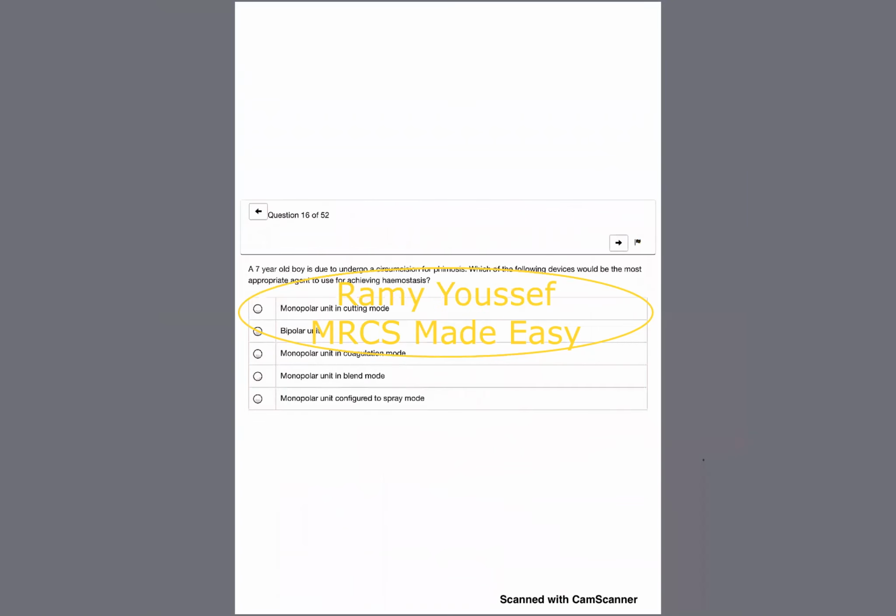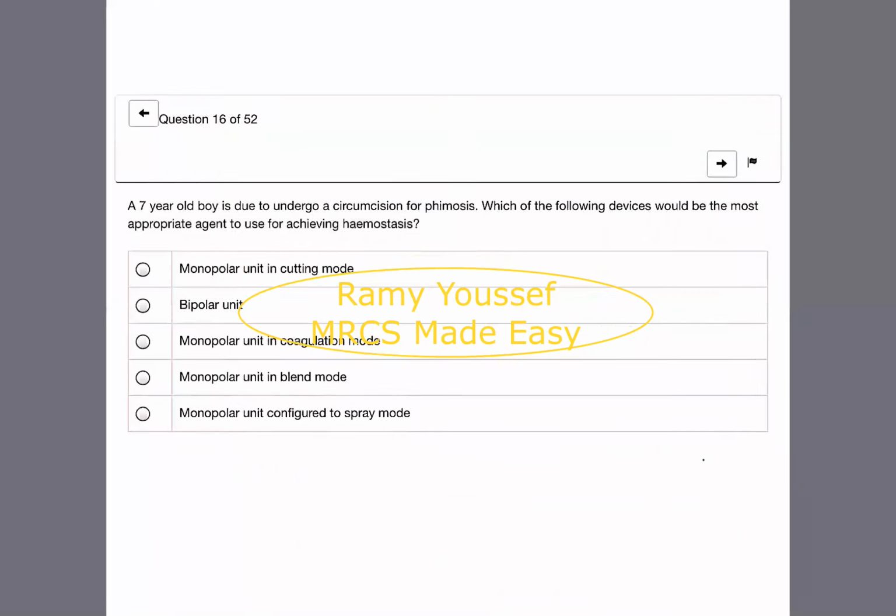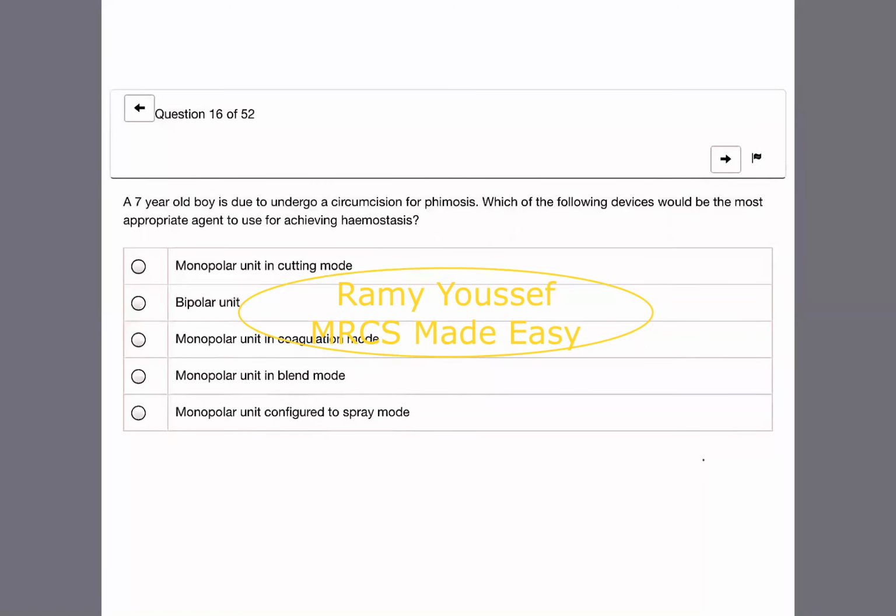Next question, Dr. Mumtaz, if you're back. A 7-year-old boy is due to undergo a circumcision for phimosis.